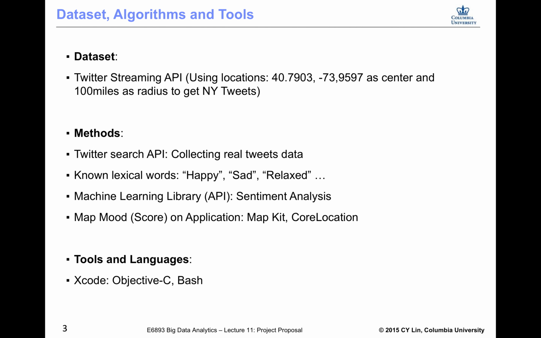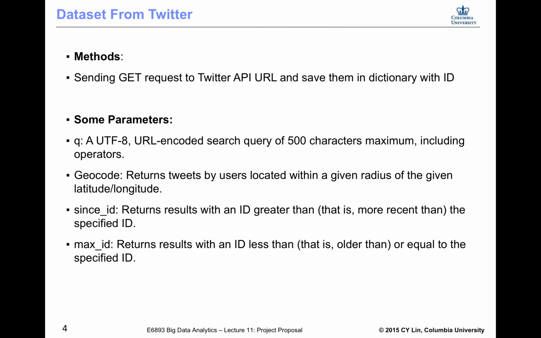Finally, I map the mood score in an application, using MapKit provided by Apple and a collocation library. The tools I'm using are Xcode, and the languages are Objective-C and Bash.